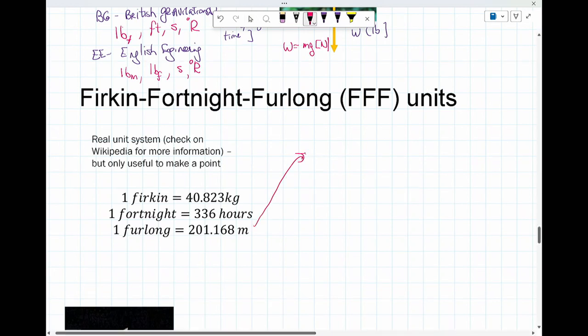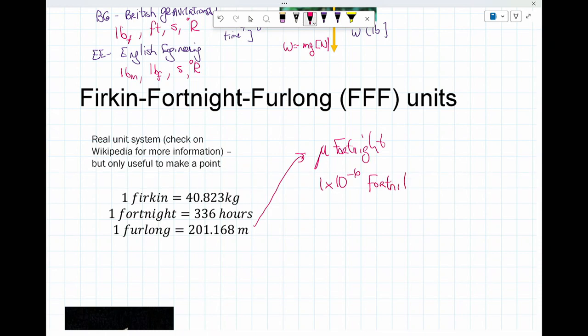So before I start this problem, I'm going to define a microfortnight. That's just 1 times 10 to the minus 6 fortnights.